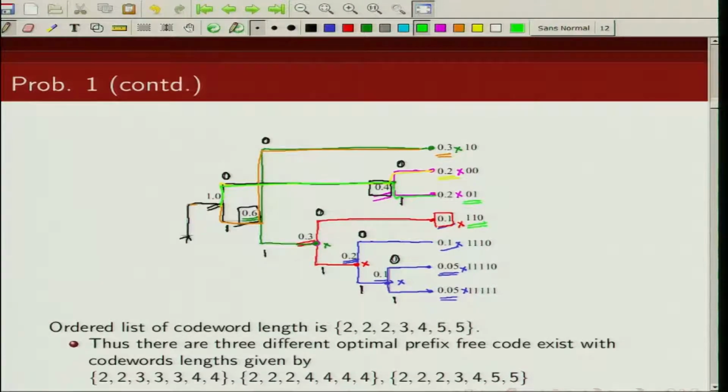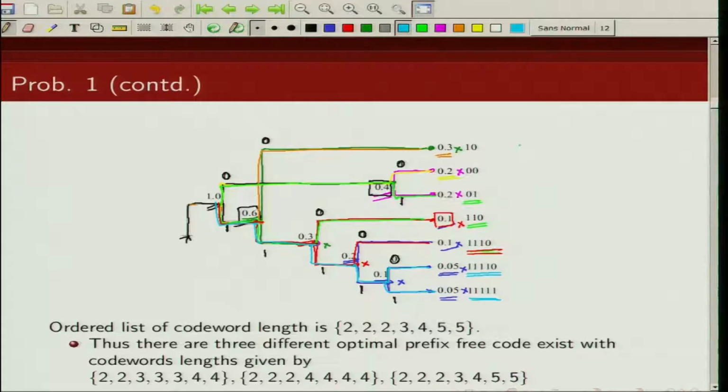The code word for this is 1, 1, 0. The code word for this is 1, 1, 1, 0. The code word for this is 1, 1, 1, 1, 0. And finally this one is 1, 1, 1, 1, 1.